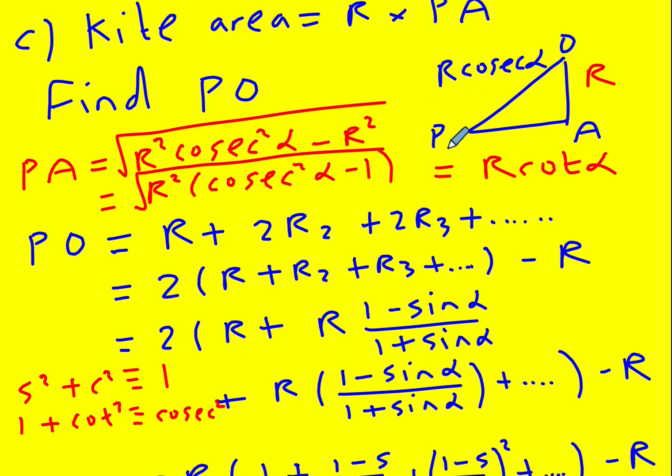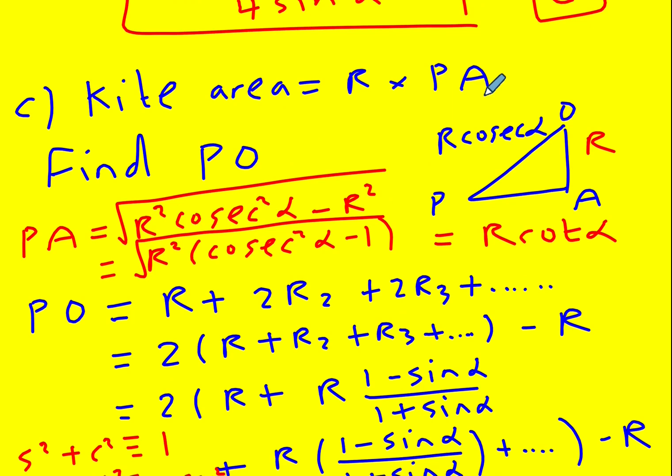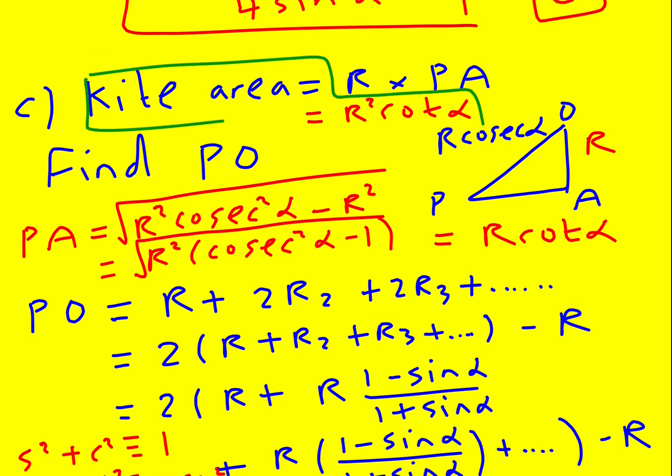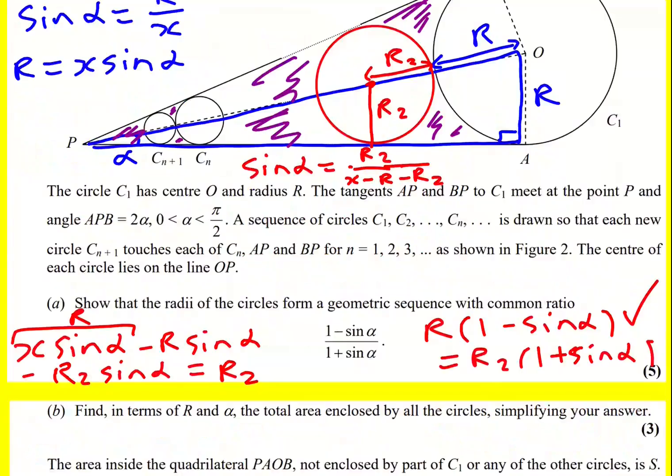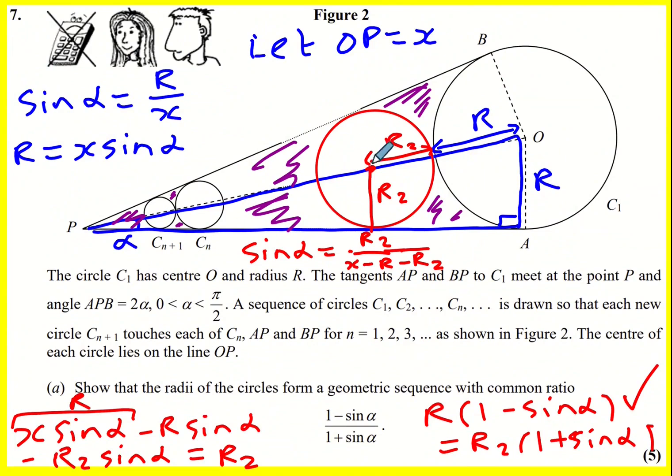That is our PA, and therefore the kite area is going to be R squared cot alpha. Now, there's still more to do. So we are interested in this purple area.